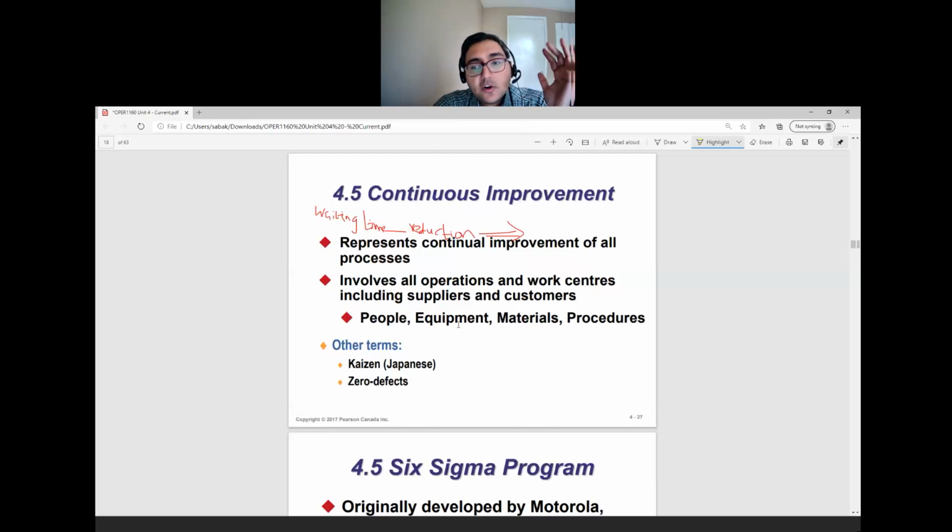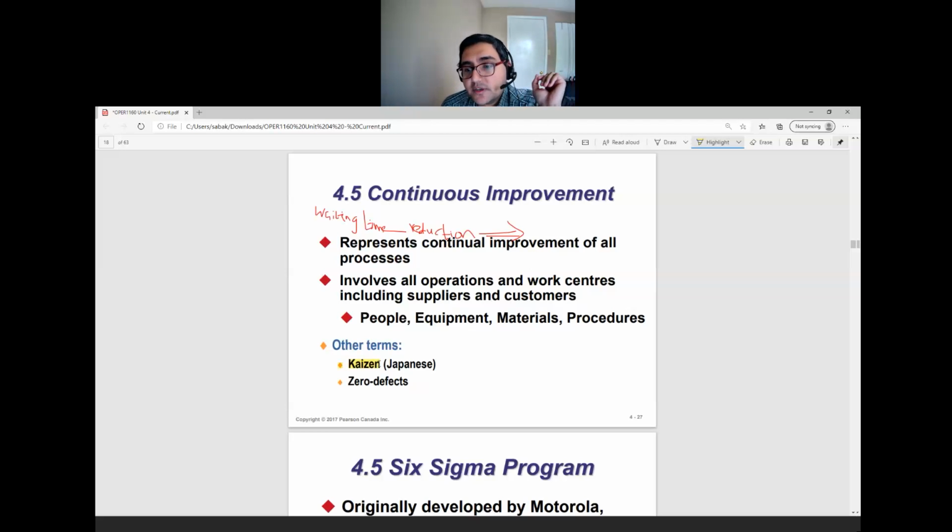Or it could be the equipment, for example, the machine used for tapping is not working, or the order taking machine is not working efficiently, or even the procedure is not effective. So continuous improvement tries to look at the holistic view of the operations and improve upon that.